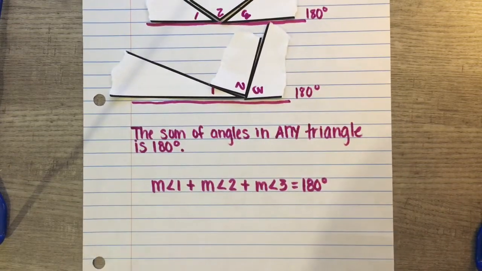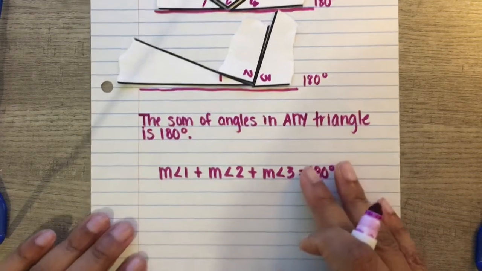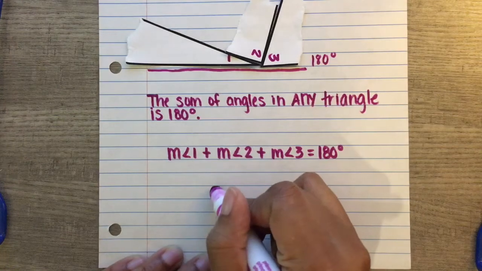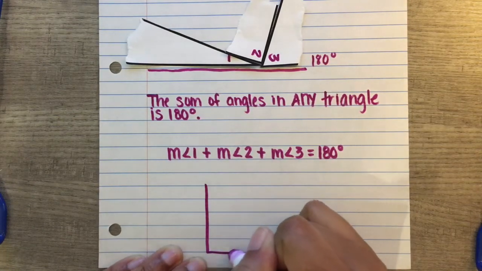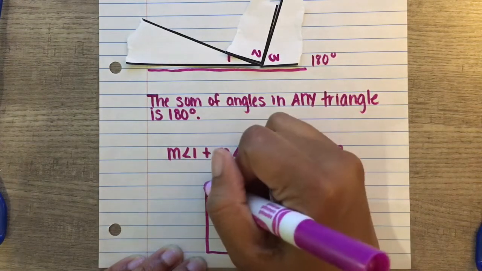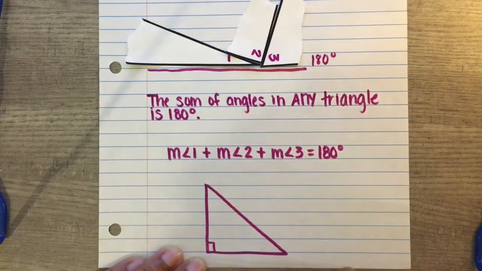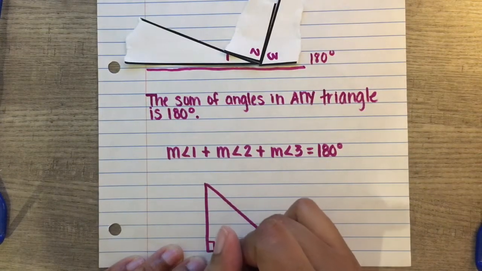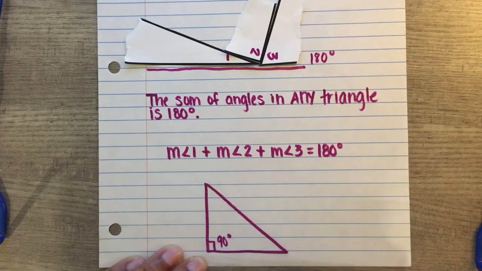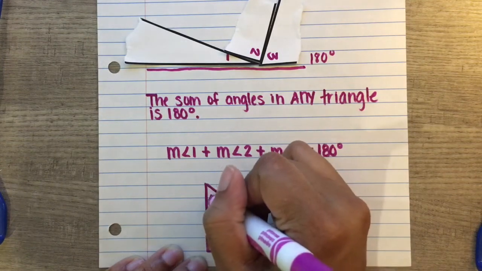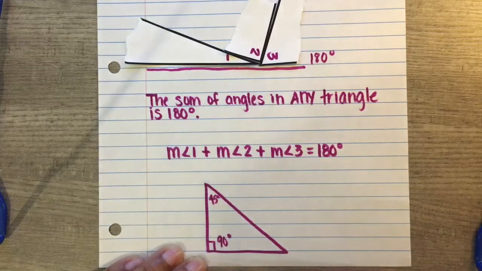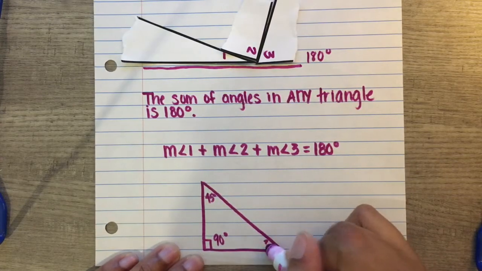So if I have a triangle and I'm missing one angle, so let's say I have a 90-degree triangle. Okay, I know that this angle is a right angle, so that's automatically 90 degrees. And let's say this angle is 45 degrees. Okay, what is the measure of this angle?